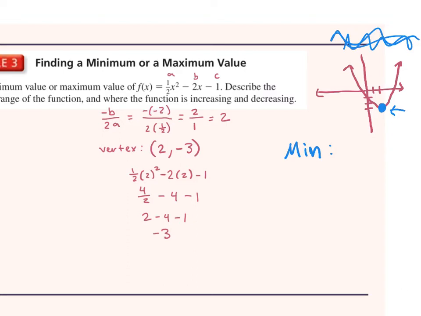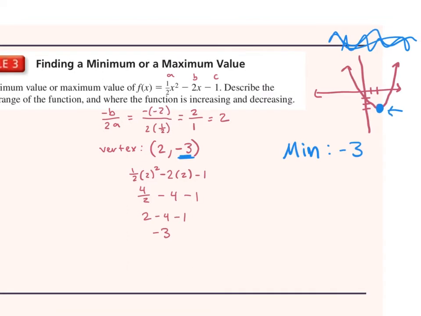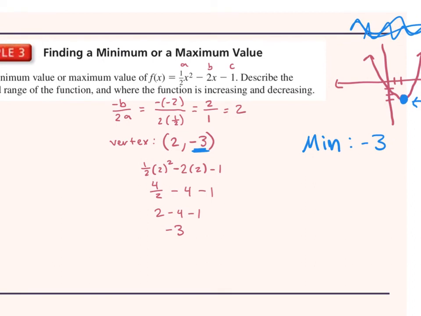-3. Perfect, -3. So our minimum always comes from the y value. All right, next we need to find the domain and range. What did we say about our domain when it's a parabola?